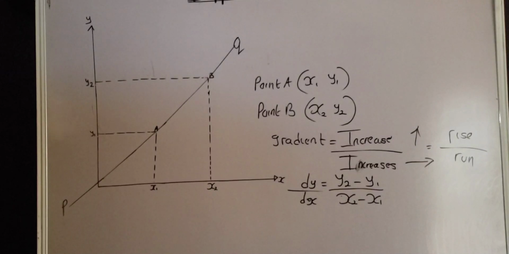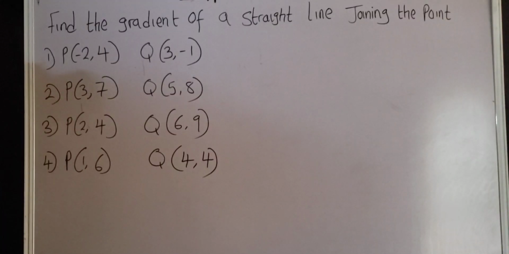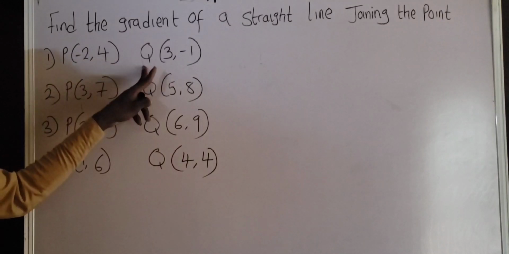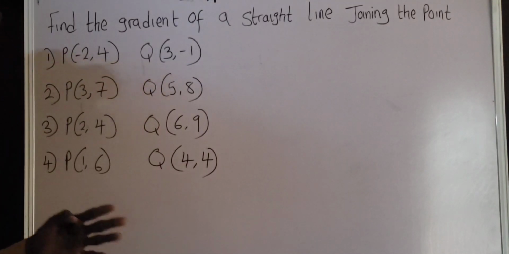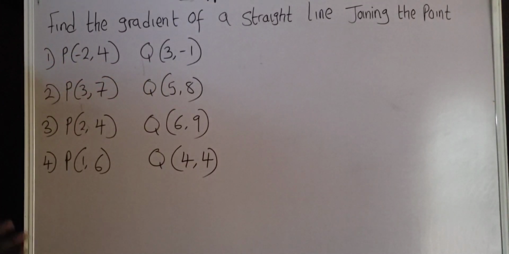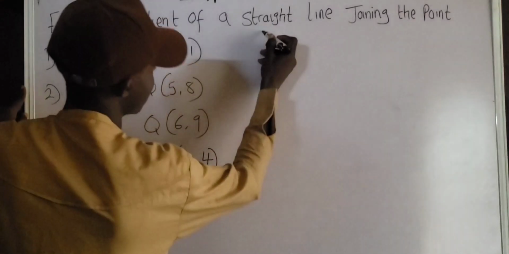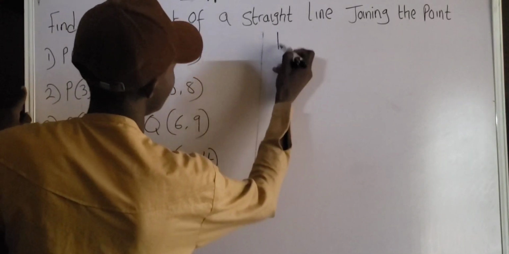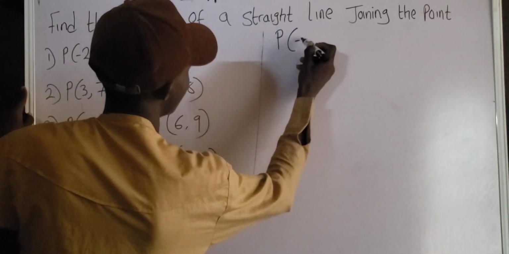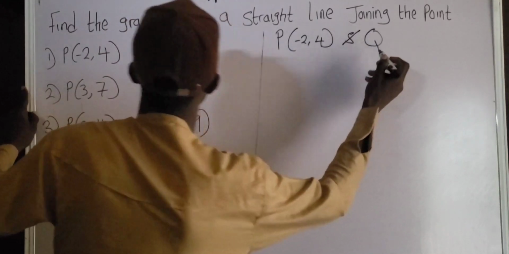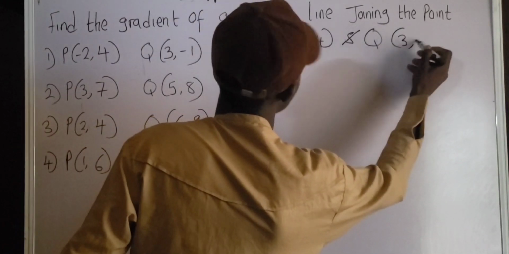Now let us find the gradient of this straight line. We have the first question, which is points P and Q. The first step is that we are going to identify our x and y, our x1, y1, and our x2, y2. We have P, that is minus 2, 4, and Q, that is 3, minus 1.